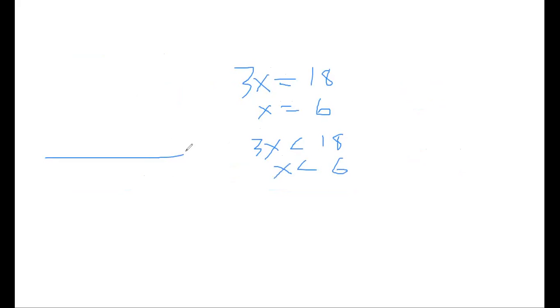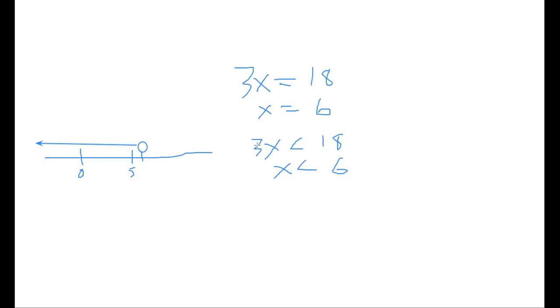So on a number line, that's 0, 5, 6. Start with the open circle. And you go to the left. That's the answer for that inequality.